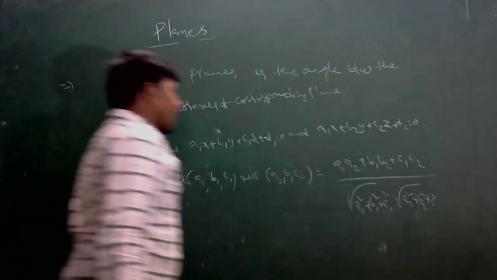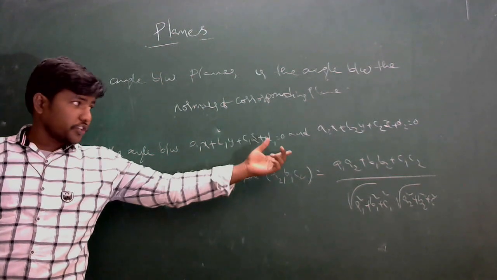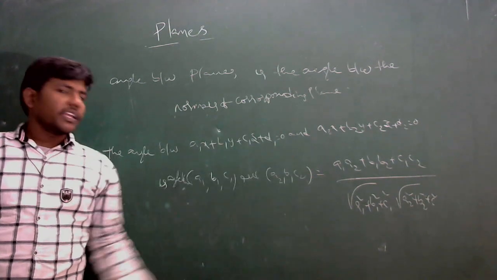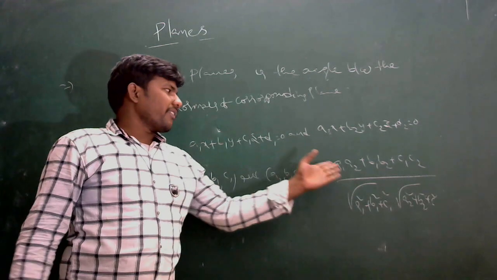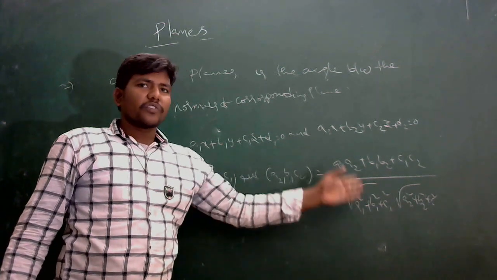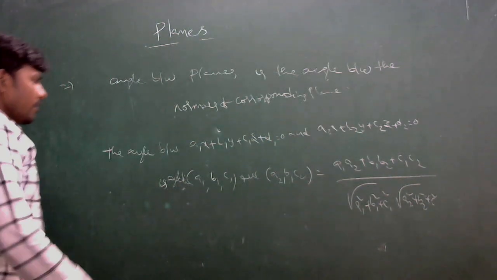So the angle between the planes is cos theta equal to a1a2 plus b1b2 plus c1c2 by root of a1 square plus b1 square plus c1 square into root of a2 square plus b2 square plus c2 square.